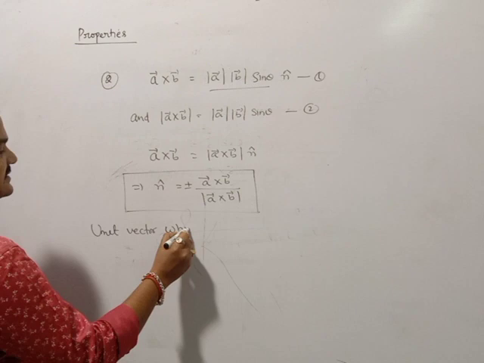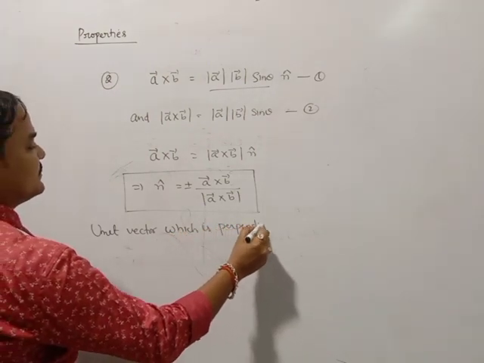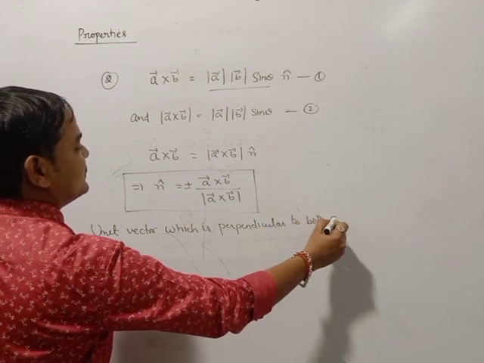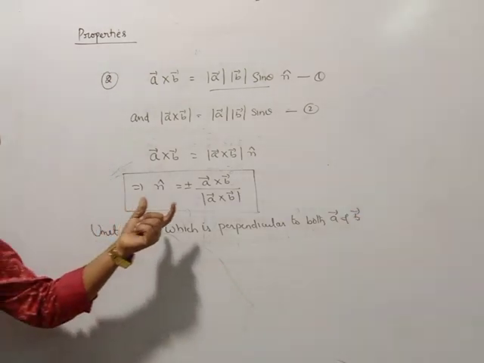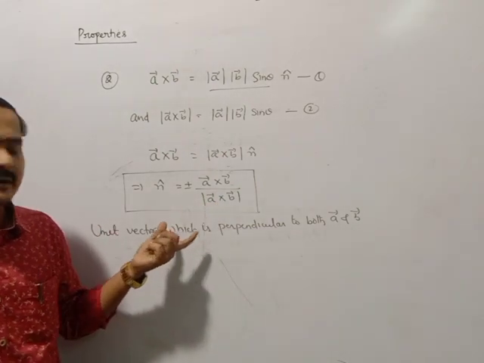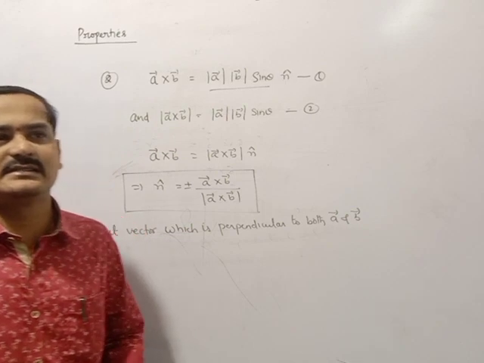This is the formula for the unit vector which is perpendicular to both A bar and B bar. This is the usual formula: A bar cross B bar by modulus of A bar cross B bar.